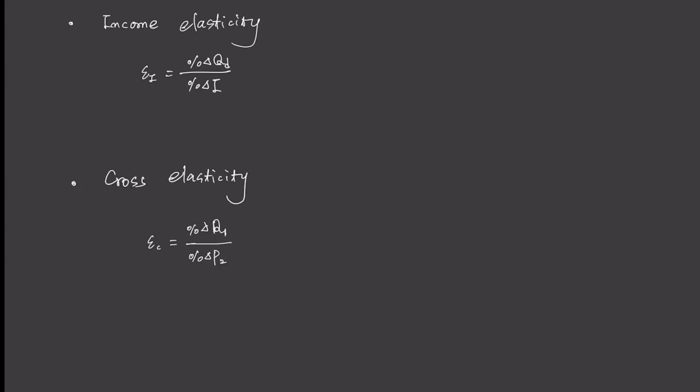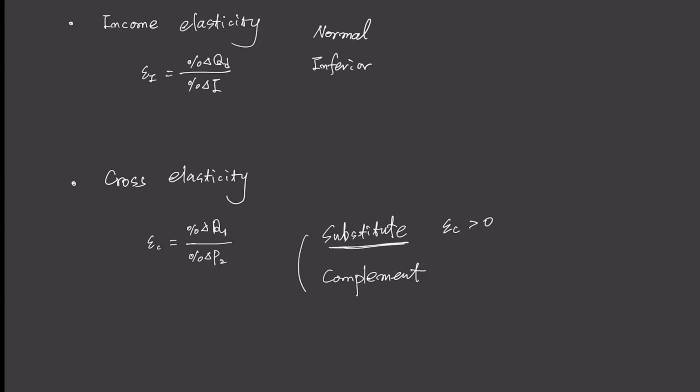This one doesn't involve a negative sign, because from the sign of the elasticity we can measure normal and inferior goods in the income case. In the cross case, we can measure substitutes and complements. If cross elasticity is bigger than 0, a positive value, then we can say substitute.